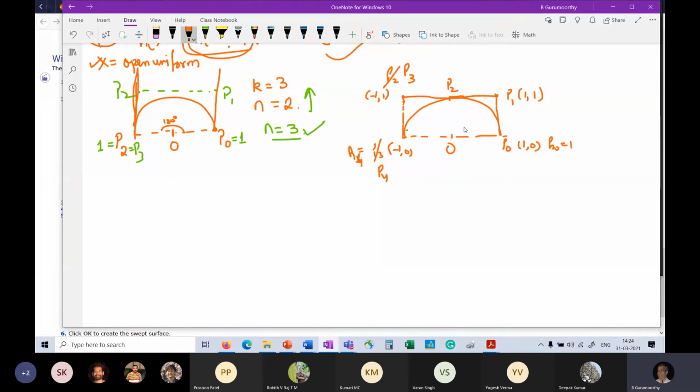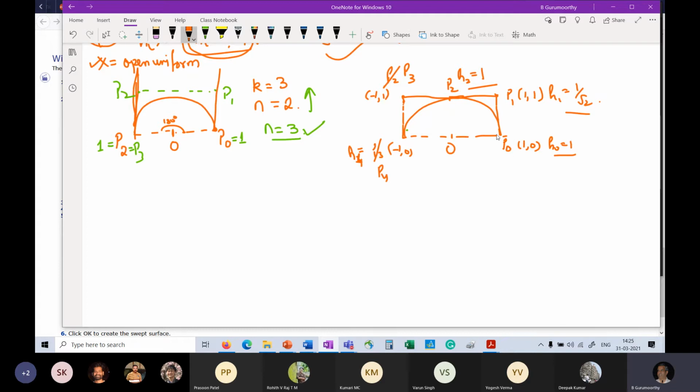If that is the case, what should H1 and H2 be? If these 3 points have to define for me this quadrant of a circle, then these must be the values of the weight. We have already seen that. So that takes care of this.